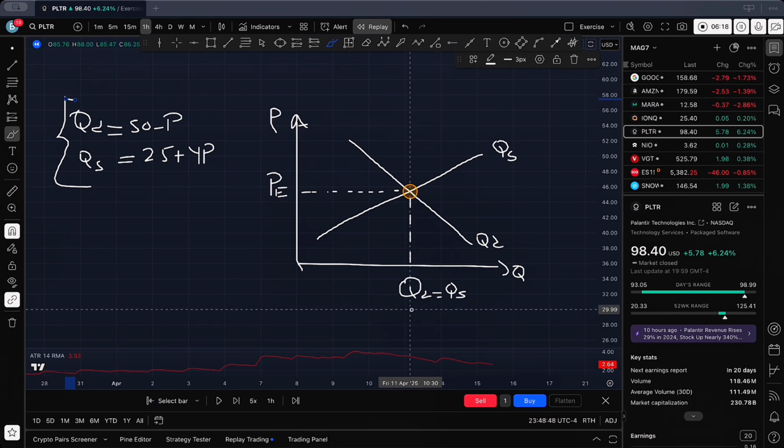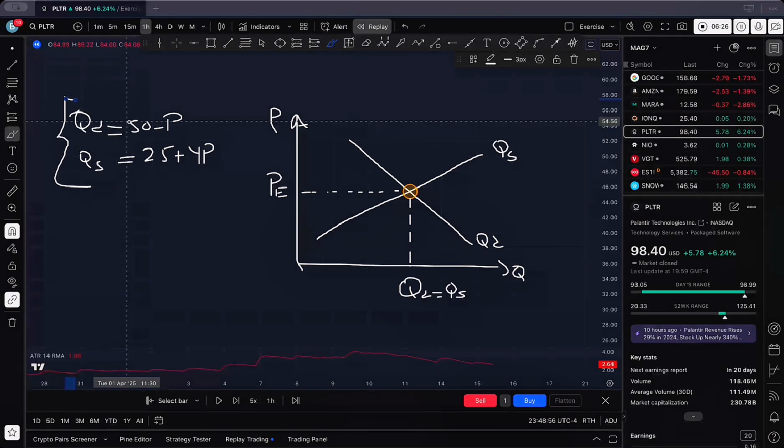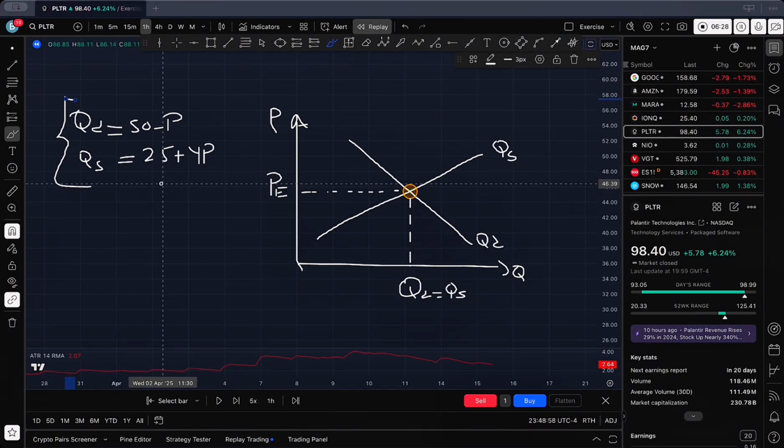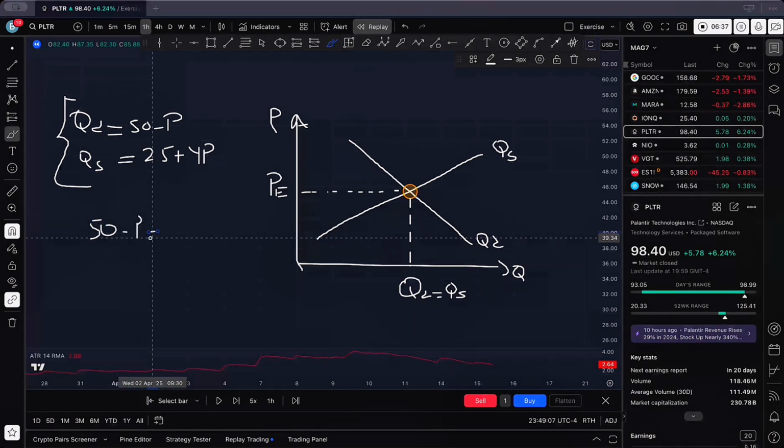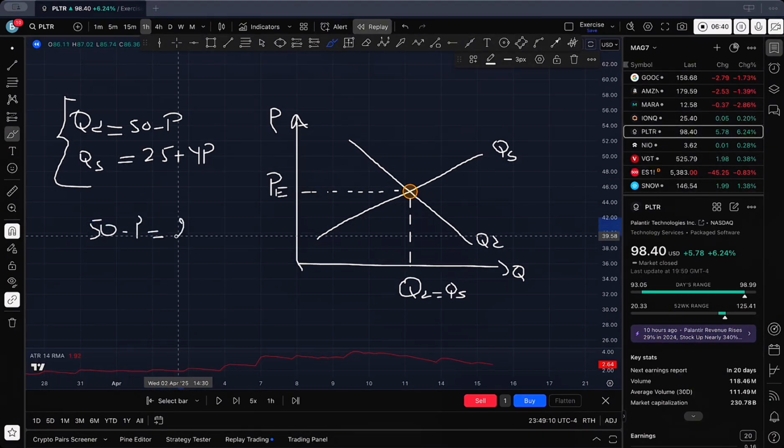Now if we say the quantity demanded equals the quantity supplied, we can solve this equation. We're going to have 50 minus P equals 25 plus 4P.